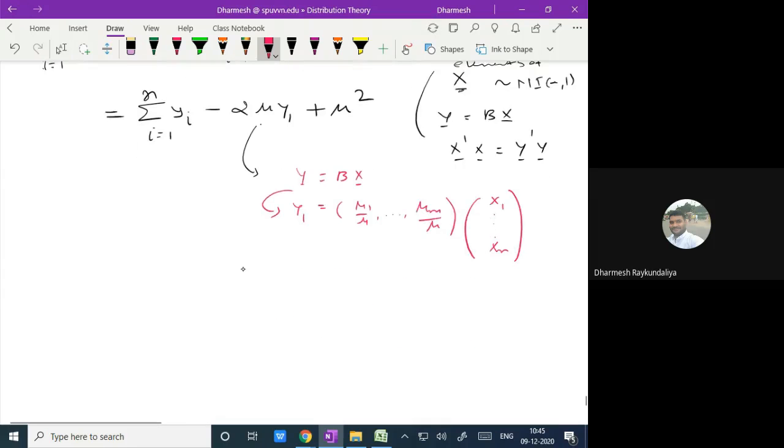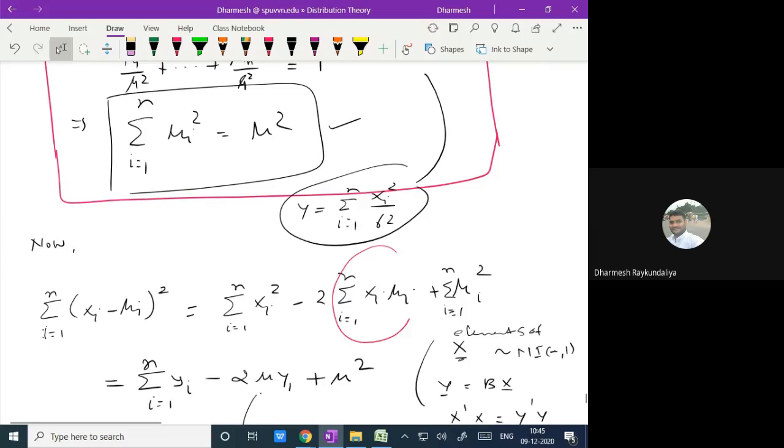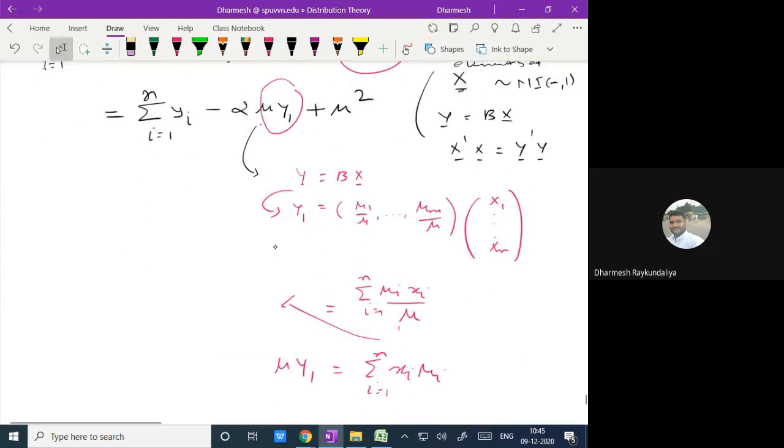So y1 is nothing but summation mu i xi upon mu, i running from 1 to n. If you take the mu to this side, you get mu y1 equal to summation xi mu i. So I have just substituted xi mu i by mu y1 using this. Is that clear?